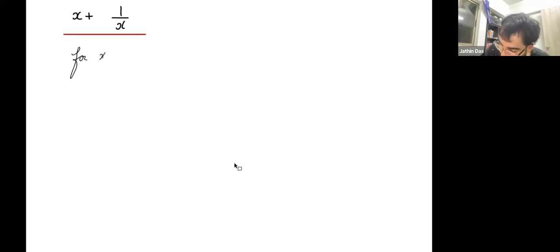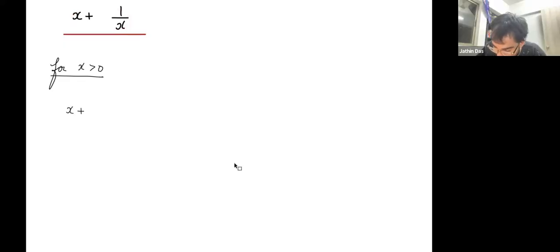Now, for x greater than 0. So this function is x plus something, meaning something plus its reciprocal. Now, if I take x as positive, can you understand both are positive? Okay. Now how I'm manipulating, check.